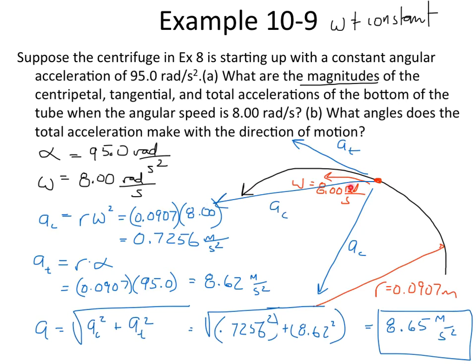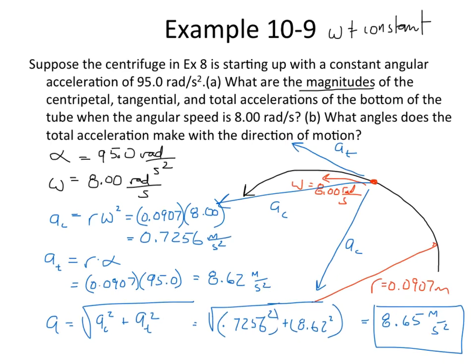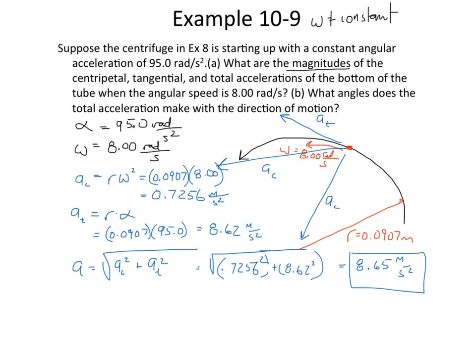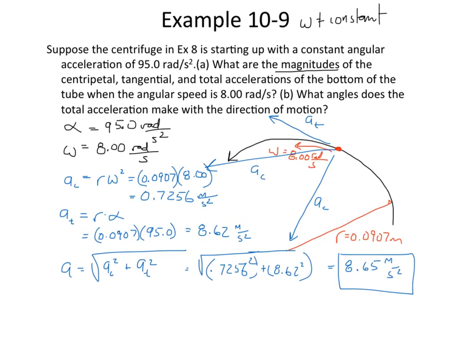Now the last thing we want to do is find the angle. That's part B. What angle does the total acceleration make with the direction of motion at this speed? So part B, we want to know what that phi is right there. That's going to be the inverse tangent of the centripetal over the tangential, so A_c over A sub t.